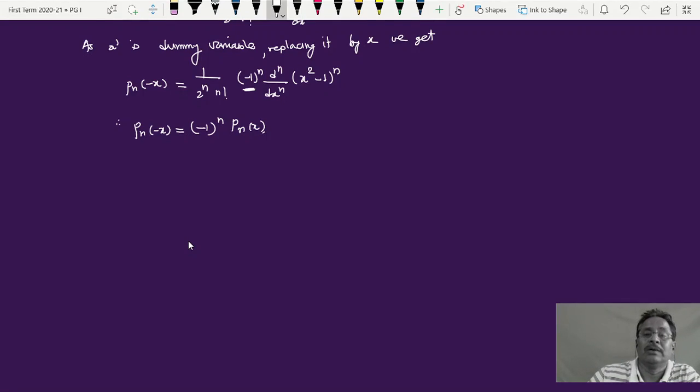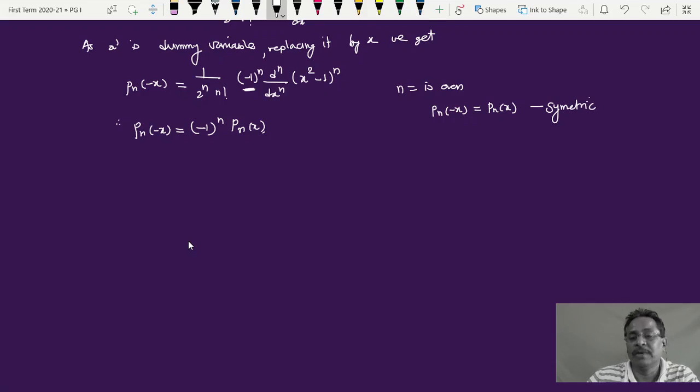So here you can write, if n is even, then Pn of minus x is equal to Pn of plus x. These are called symmetric. We are going to have some parity function again later on, but that is later on as another property. And if n is odd, this value of Pn of minus x is equal to minus 1 into Pn of x. This is antisymmetric.